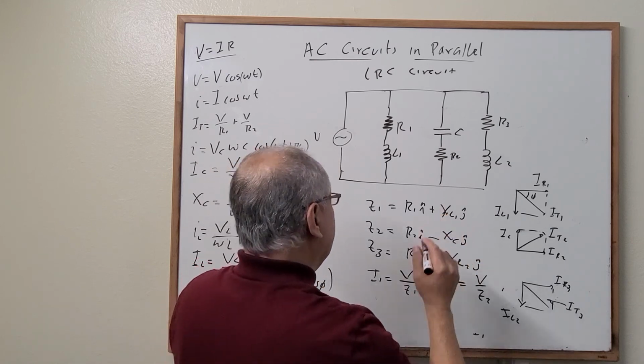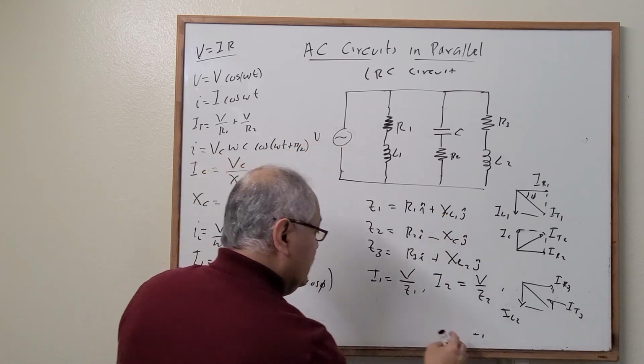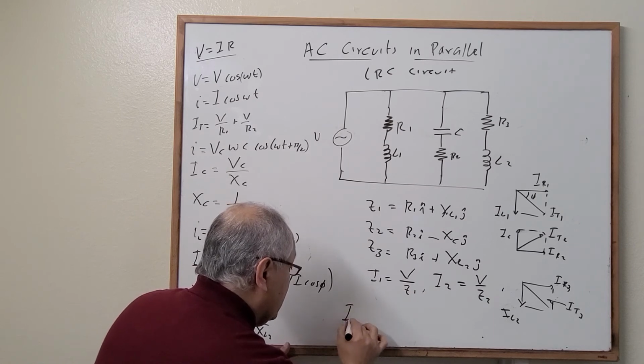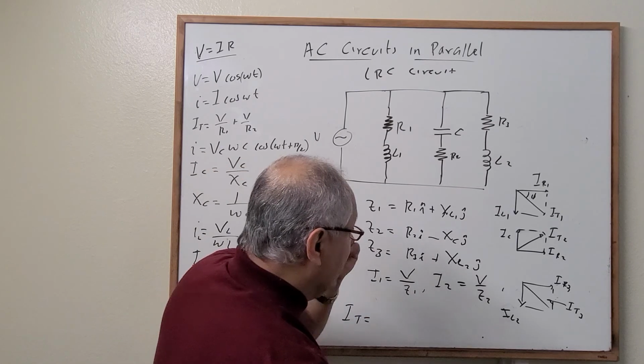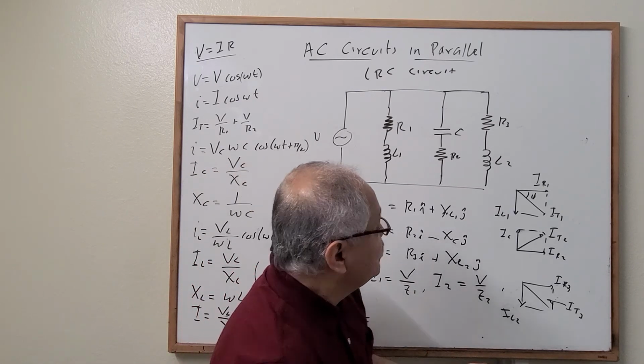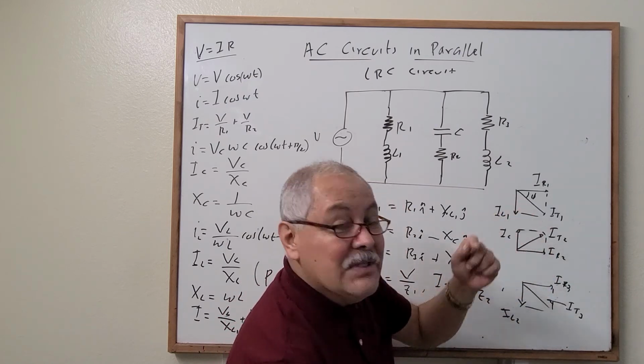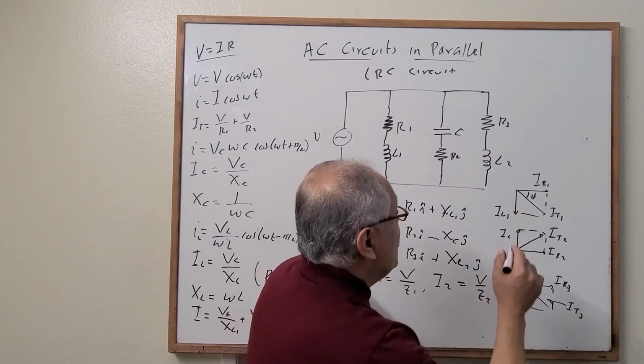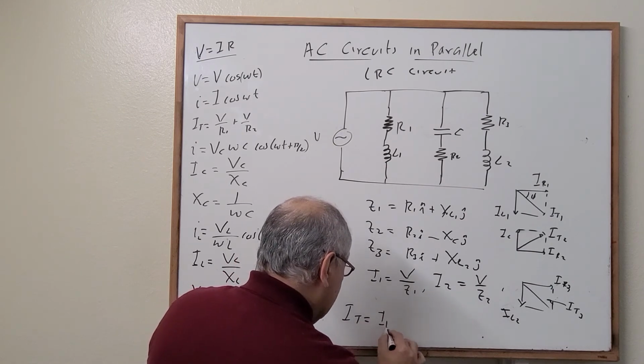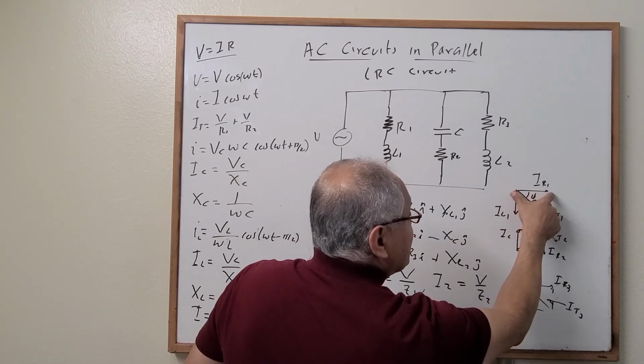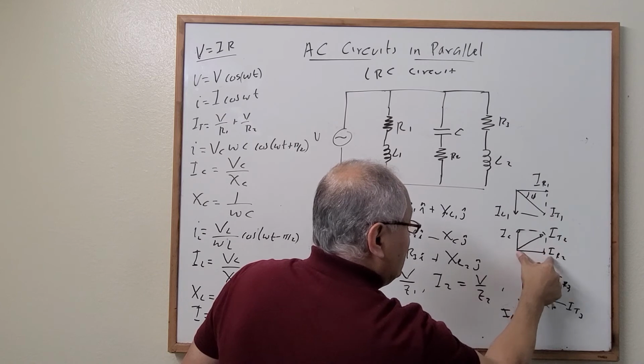Now, how do we find the third current? Well, the third current is equal to, we have to add all of these 3 by using components, right? So we have current through this component, this component, and this component.